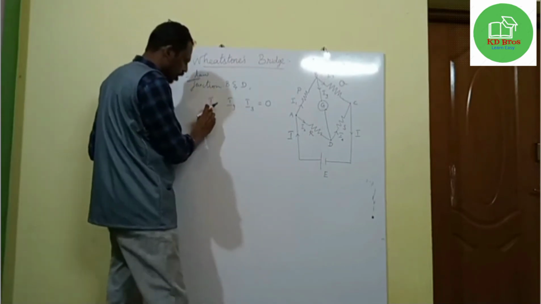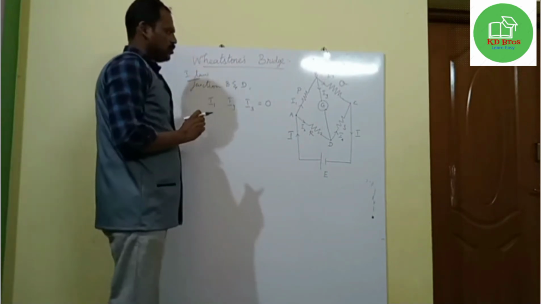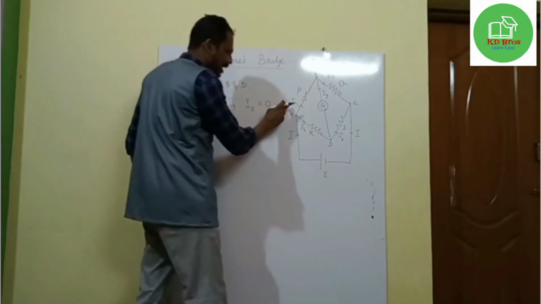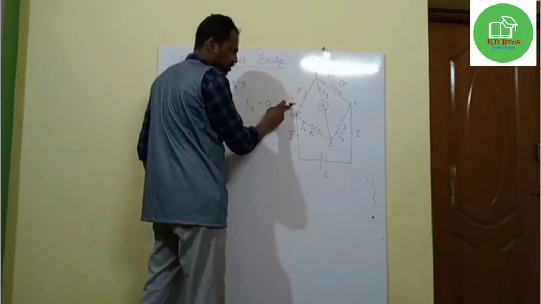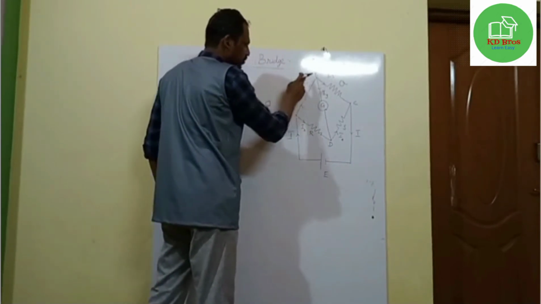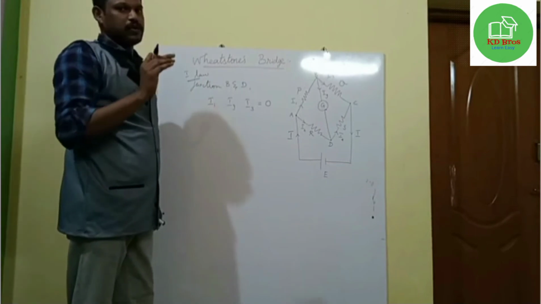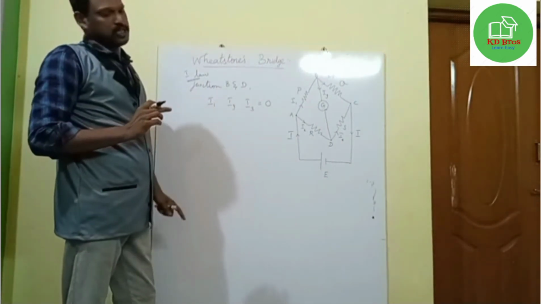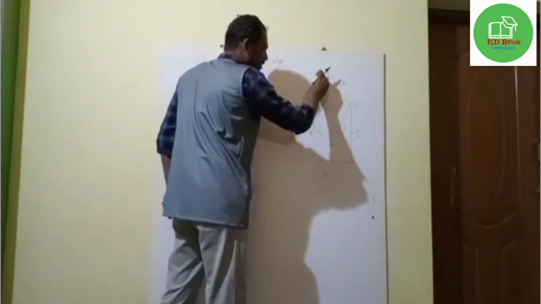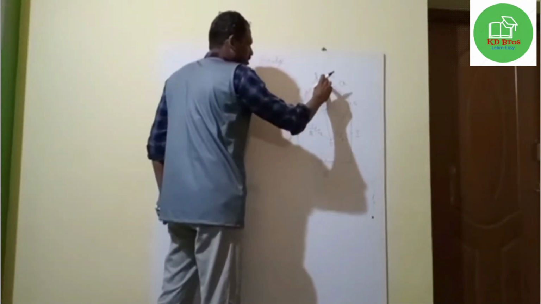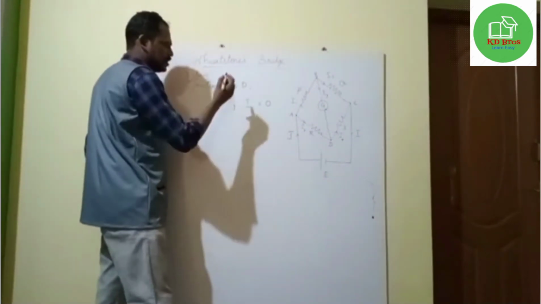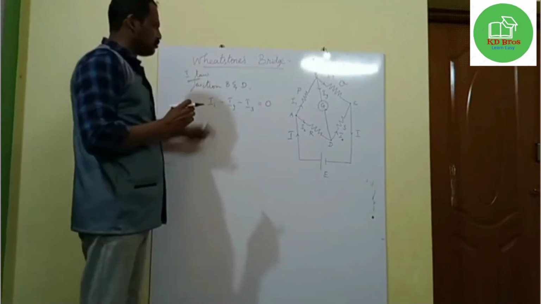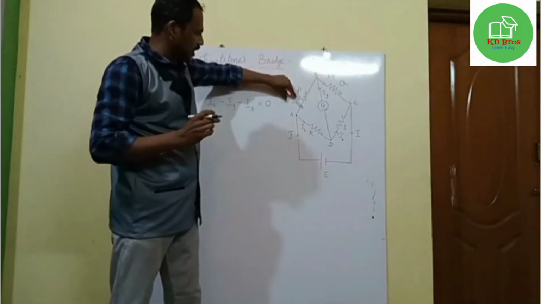Now here we have to apply the sign convention. It is very simple. When the current is entering the junction, that current is taken as a positive value, so I1 is positive.